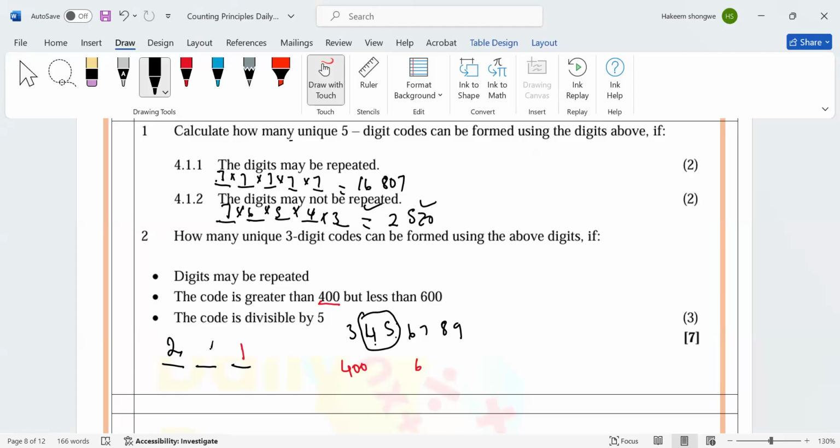Now let's check the middle digit. How many numbers can we choose from? Since repetition is allowed, I can choose from all of them: 1, 2, 3, 4, 5, 6, 7. So I put 7 here. Then it's 2 multiplied by 7, which is 14.